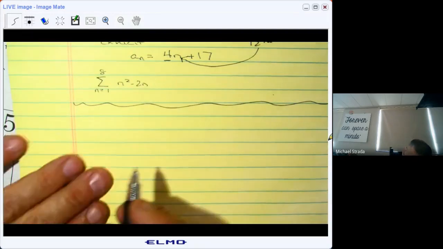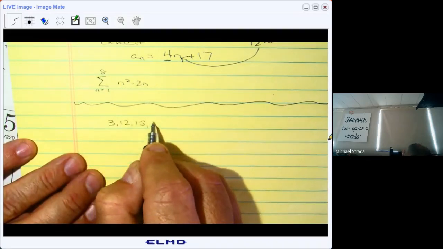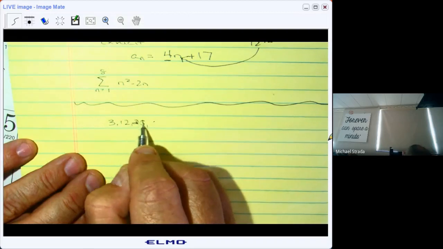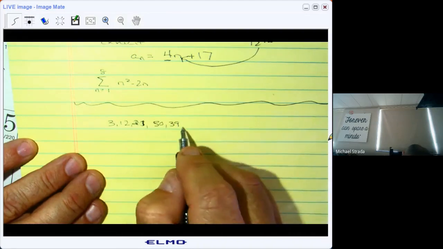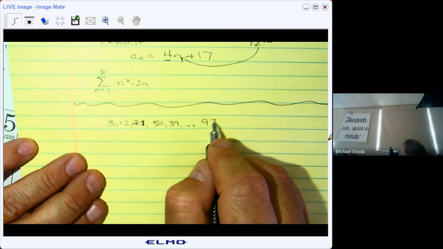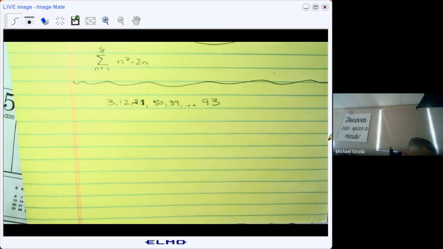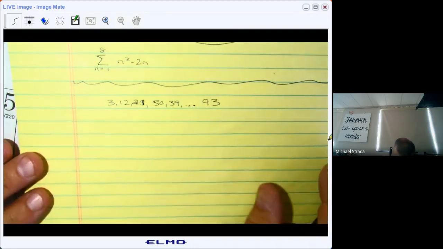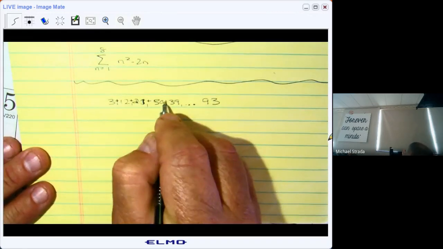This is what I mean by that: 3, 12, 21, 30, 39, dot dot dot, 93. So you're finding the sum of that sequence.